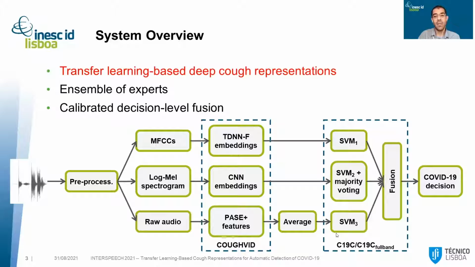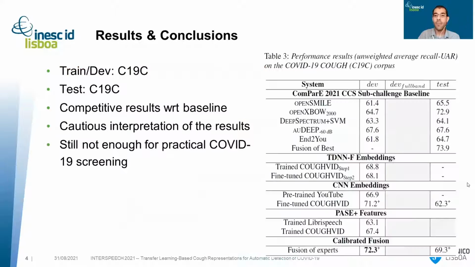After that, individual decisions are fed to a fusion system. The COVID-19 CAF dataset provided for this sub-challenge was used to train the individual classifiers and also to assess the whole system, while the COVID dataset by EPFL was used to train or fine-tune the deep representation extractors.